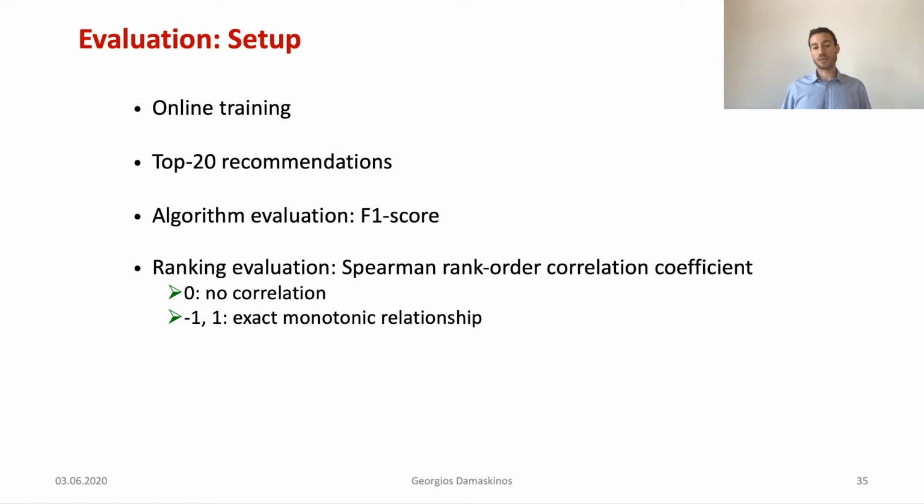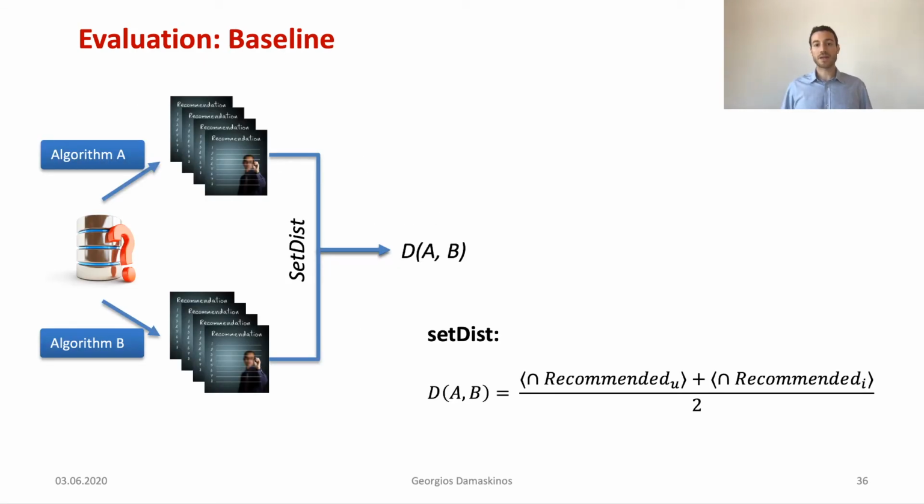Basically, the larger the value, the closer it is to 1, the more similar two rankings are. To compare against the baseline, we introduce a method that we call setDist that directly compares the algorithms from the output, i.e., it doesn't go through this graph representation. It does so by taking the intersection between users and items.